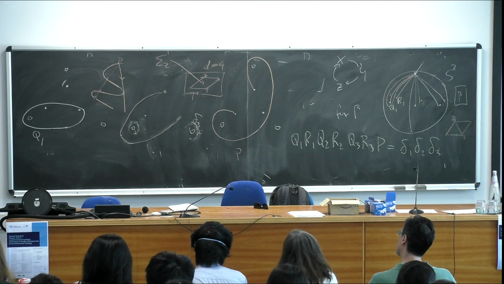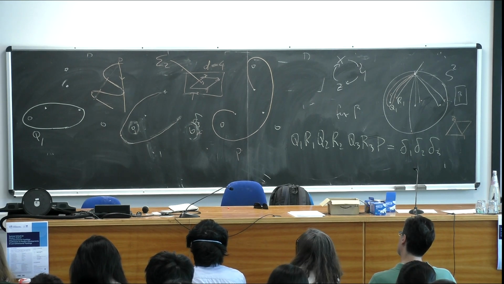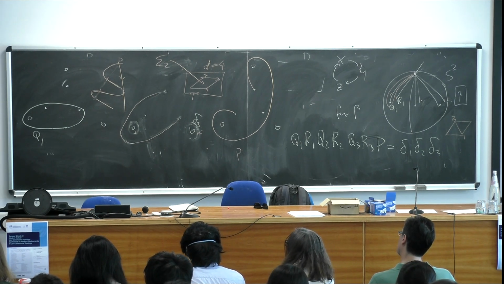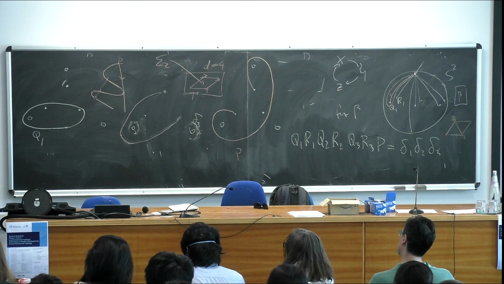So you could actually get an exotic CP2 blown up 7 times very easily, and if you want to make sure that there is a Z mod 2 involution, you can also get some of this definite intersection form with Z mod 2 fundamental group. And I should also say that this is one of many tricks. There are other tricks, so you don't always have to study genus 2 fibrations.